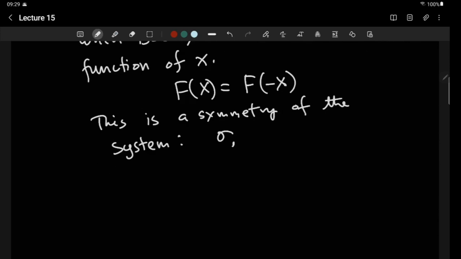It takes all the sigma i's to minus sigma i, and you go back and look at the Hamiltonian. This implies that m goes to minus m, so x going to minus x. Is this clear? So this is a symmetry of the system. That means it's a symmetry of the Hamiltonian, for instance, and it also shows up as a symmetry of the free energy.